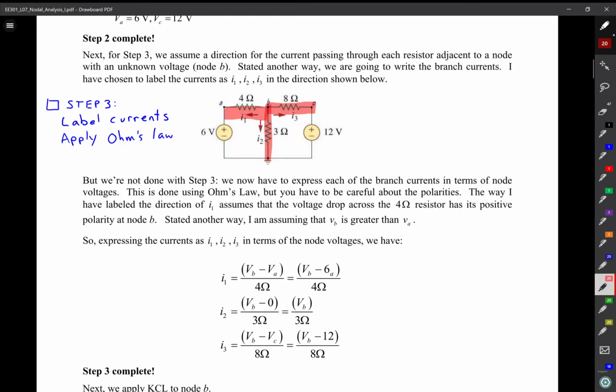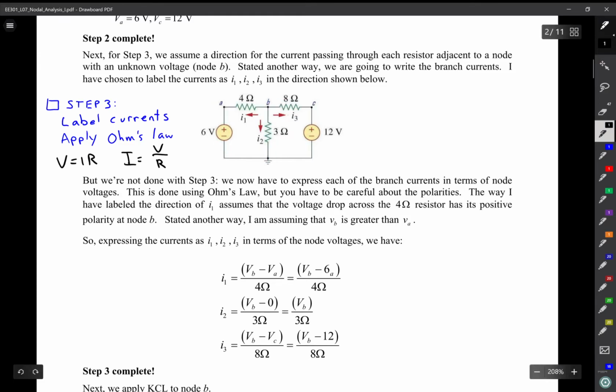Okay, so now that we've identified the currents I1, I2, and I3, we want to apply Ohm's law. Basically that means we want to define the current in terms of node voltages. So what does that look like? Well, V equals IR. That's Ohm's law. And if I solve for current, I is equal to V over R. In this case, what is the voltage for I1?